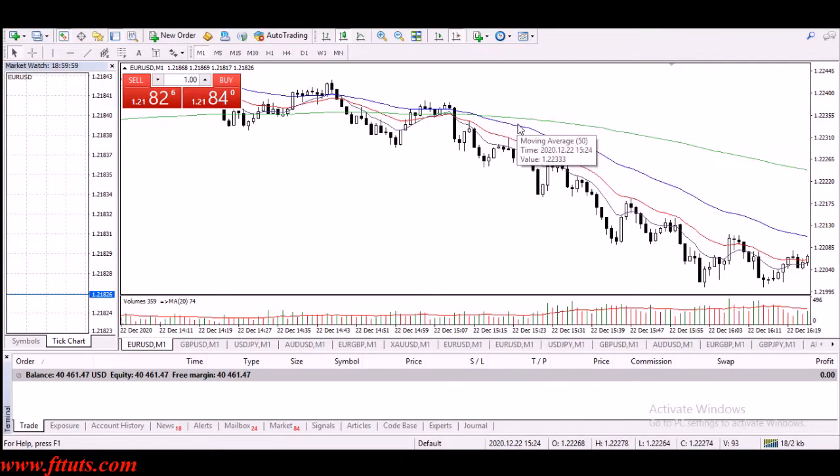The third resistance zone is between 50 and 200. Okay, so that's why you are placing your order above EMA 200. That's a secret, because above EMA 200 you have dismissed all of the resistance. Price has to break 3 resistance zones to reach your stop loss. Okay, that's why you are very safe here.